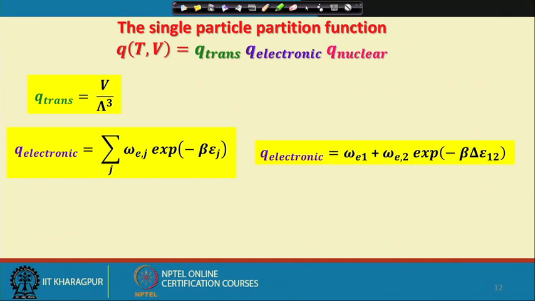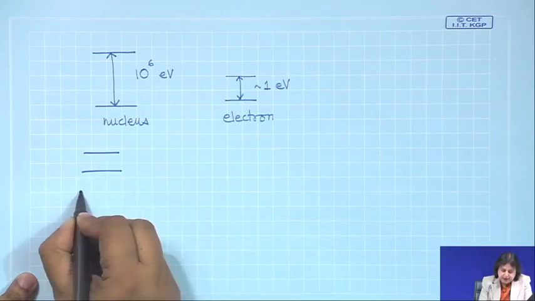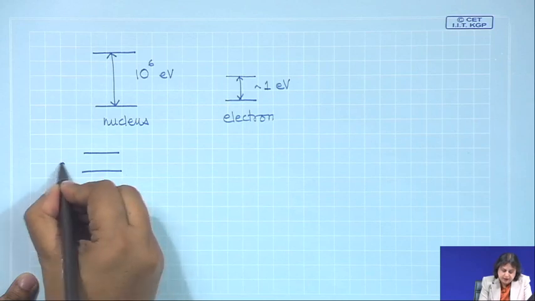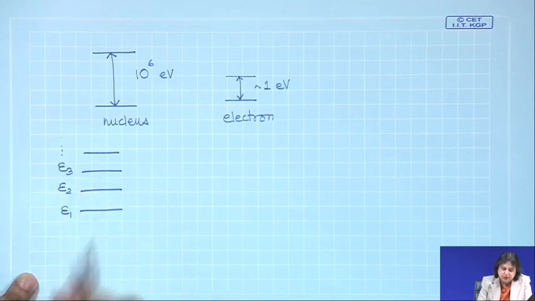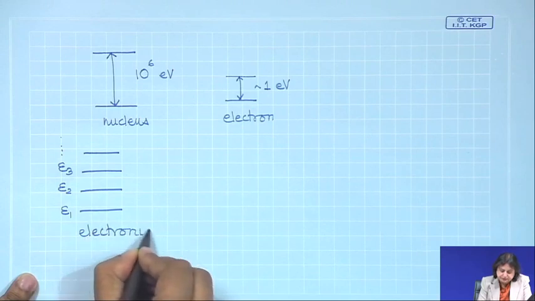So, how do I get it? Let us say that a system has these electronic energy levels epsilon 1, epsilon 2, epsilon 3 and so forth. These are all electronic energy levels.